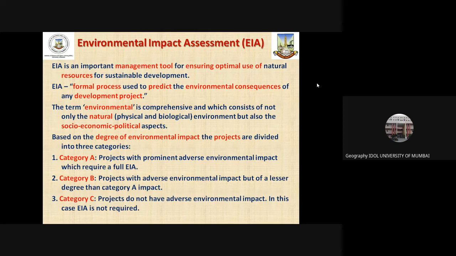Category A projects are all those projects which have prominent adverse or negative environmental impact, which require the full environmental impact assessment procedure to be followed. Whereas category B are the projects with adverse environmental impact but of a lesser degree than category A projects, which also have to go through the EIA process.